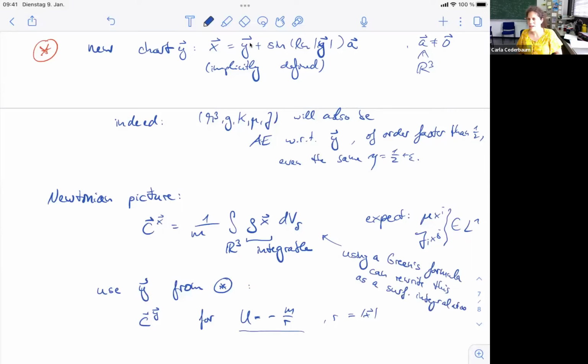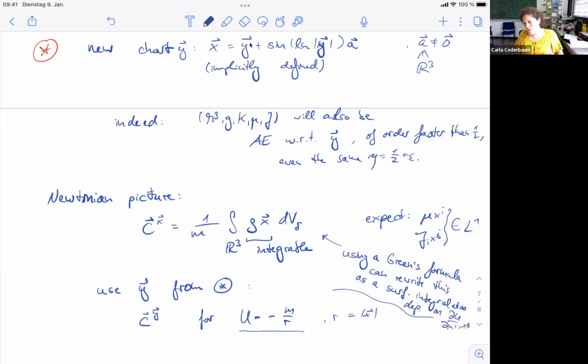Just as we did for the mass before, we can do that also for the center of mass. We plug in the Poisson equation and then use the Green's formula and write it as a surface integral at infinity, depending on derivatives of u, partial u, partial x_i, and of course on x_j also, yeah?